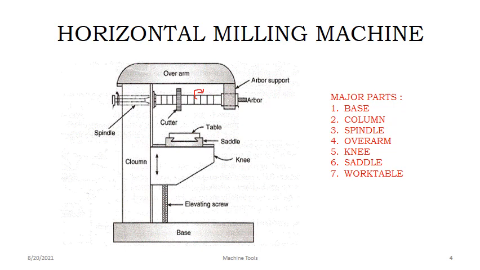Suppose in the examinations you are asked an 8 marks question, or to explain with a neat sketch a horizontal milling machine. For 8 marks, 50% of the marks, that means 4 marks, are for the figure. Draw a neat freehand sketch and label all the parts, and you will get 4 marks.